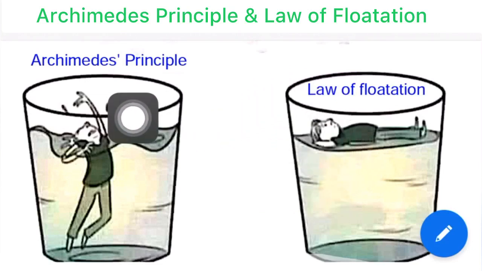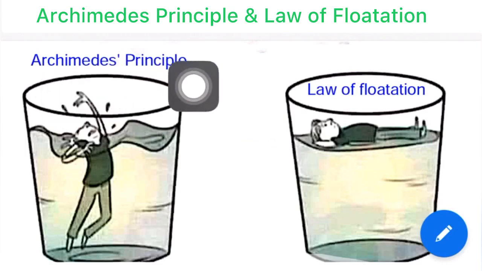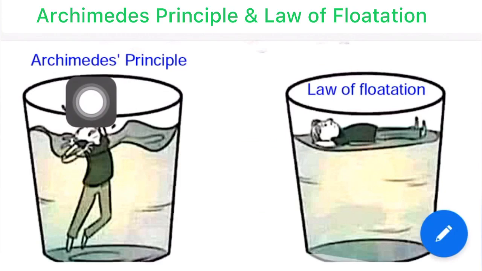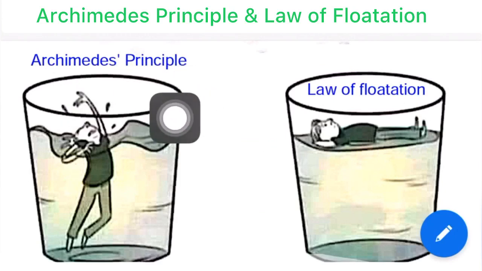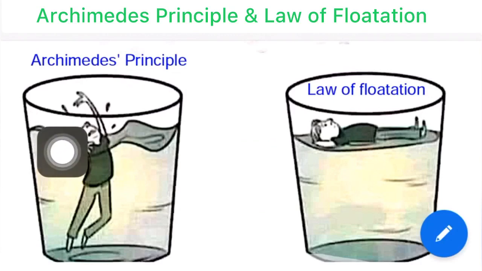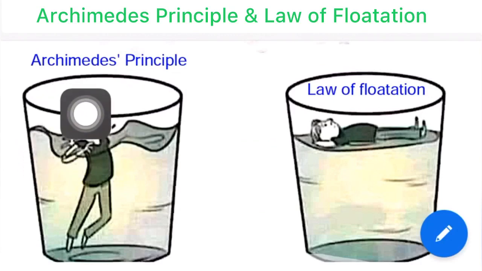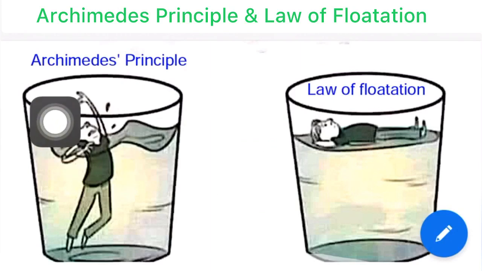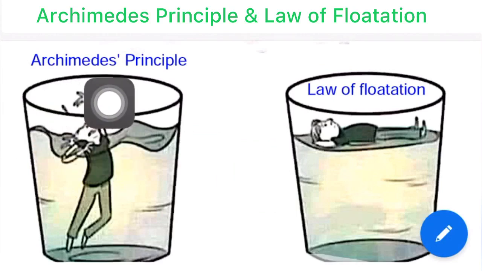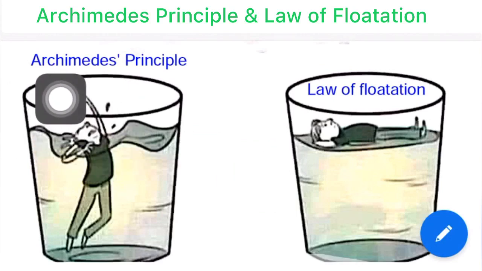If you talk about examples of Archimedes principle, there are so many examples: the floating boat on the river, the submarine, the balloons floating in the atmosphere, and the ship. All of them are based on Archimedes principle.